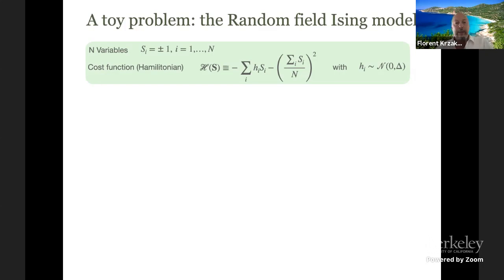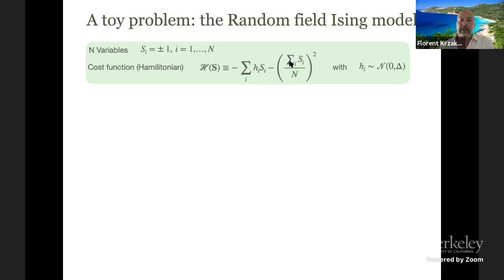All right. So look at the following problem. It's called the random field Curie-Weiss model in physics. So we have n binary or Rademacher variables, if you want. So this binary variable can take the value plus or minus 1, and there are n of them. Now, this is our cost function. We call it Hamiltonian because we are physicists right now. And this is what it is.